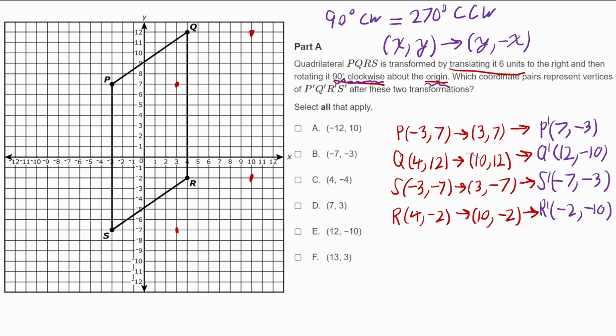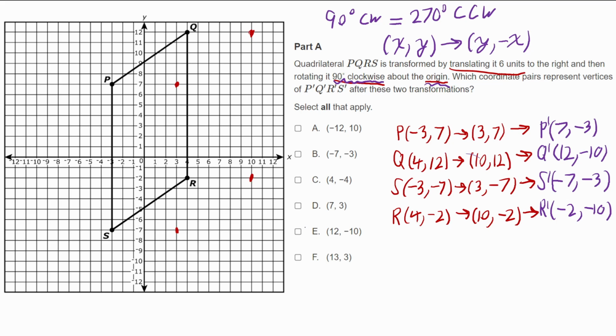I am not going to plot these points. We don't necessarily need to, right? What we are going to do is see if any of these match what we are given in our list, right? 7, -3. We have -12, -7. Oh, 7, +3. That's not it. And none of them match. 12, -10. We go down the list. -12. Nope. Going to get a positive.